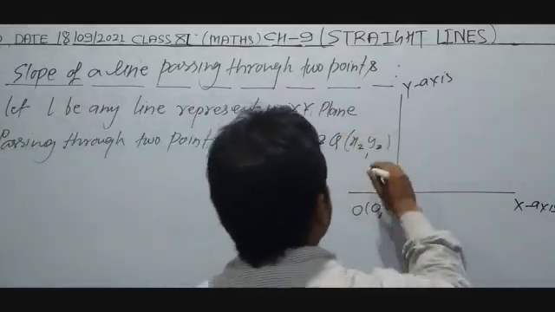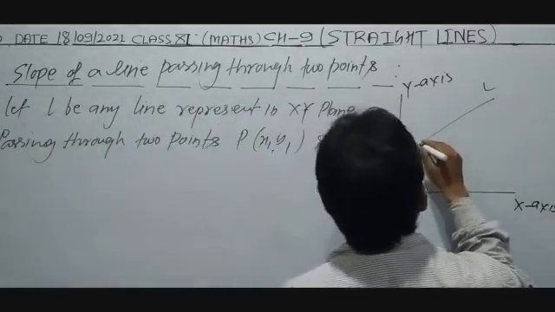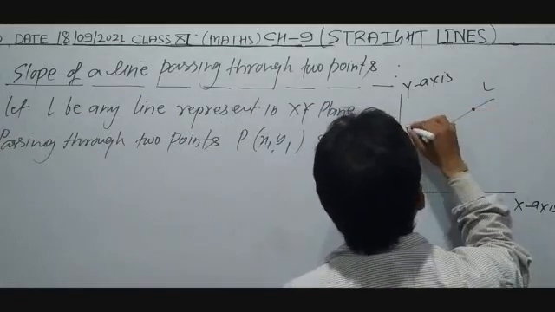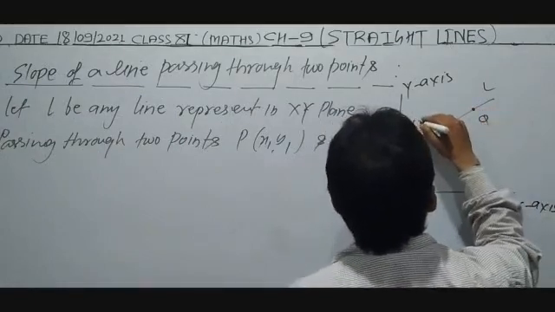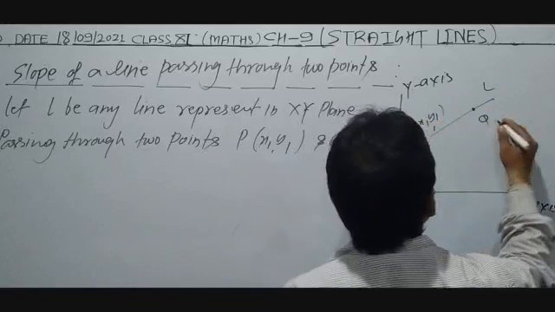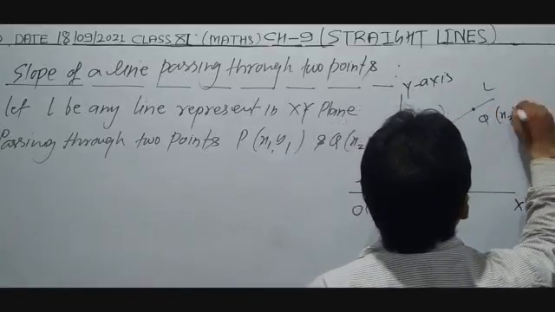Suppose this is the line L that passes through 2 points P and Q. P coordinate is x1 comma y1, Q coordinate is x2 comma y2.